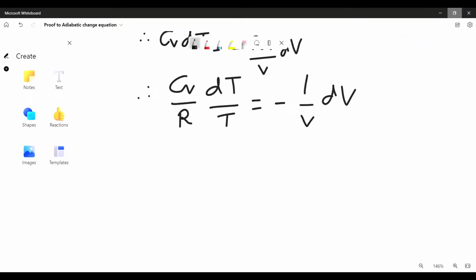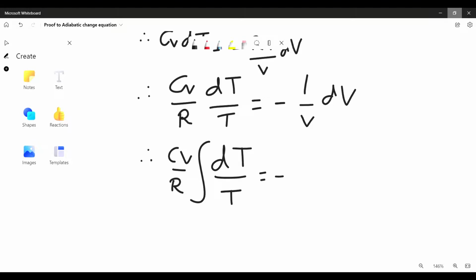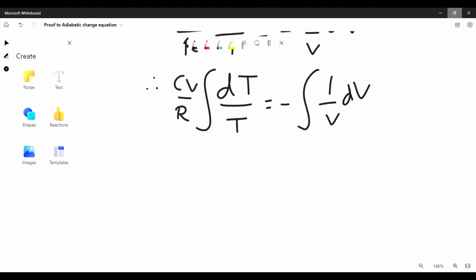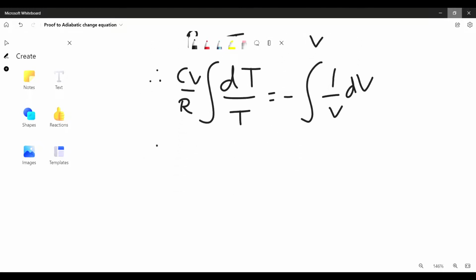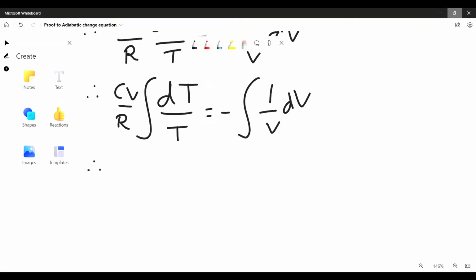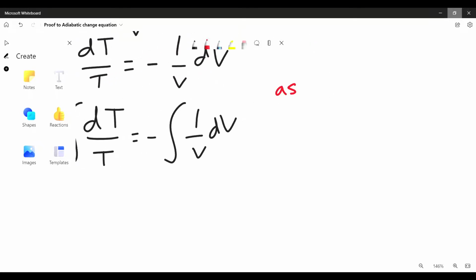And now we can just integrate this expression. So when we integrate this, we get C_V, because it's a constant, it comes out of the integral, dT over T is equal to minus the integral of 1 over V dV. And we're almost there. We know the integral of 1 over x dx is equal to ln of x plus c, of course, but here we won't look at that constant.